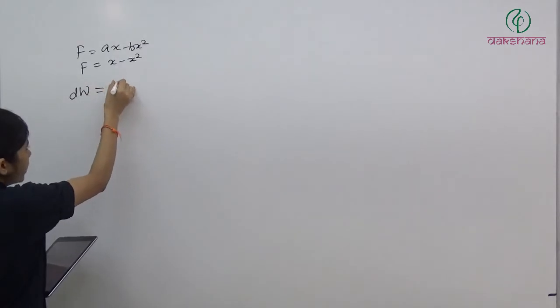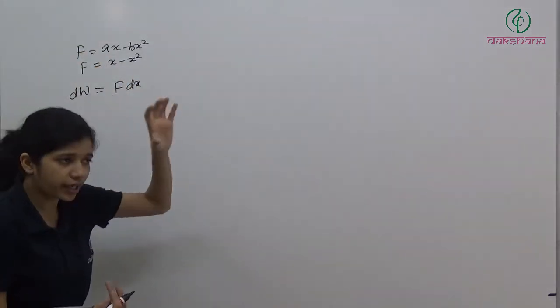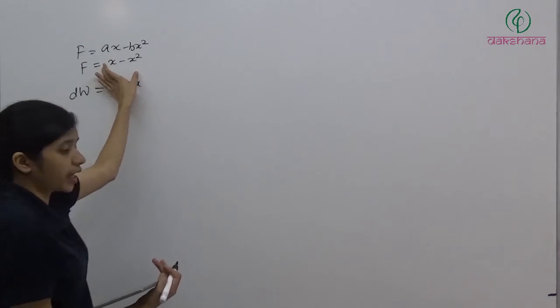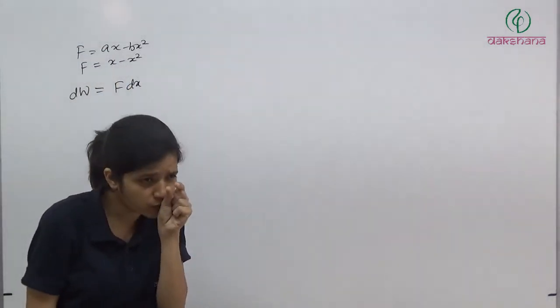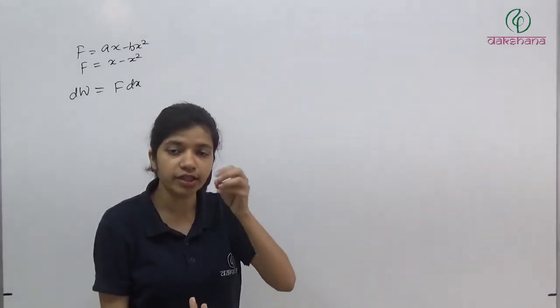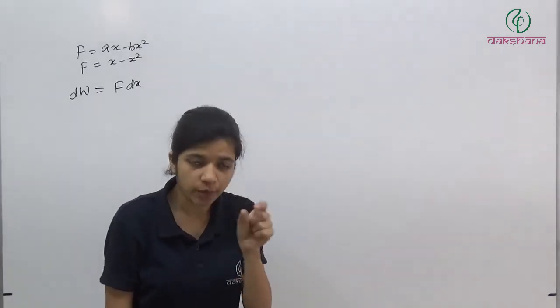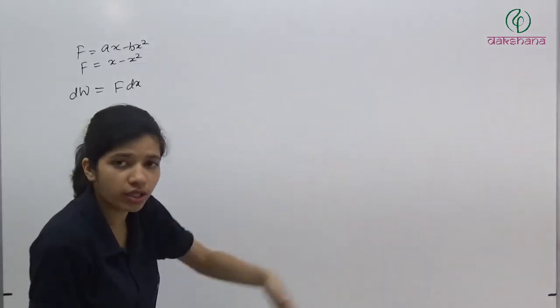So small work done will be F dx. Basically what we are doing, at certain x, this much force is acting and this force is changing with x. But for very small dx, very small change in x, we can consider the force to be constant and we can calculate the work done in that particular region of dx. And similarly we can add all those work.